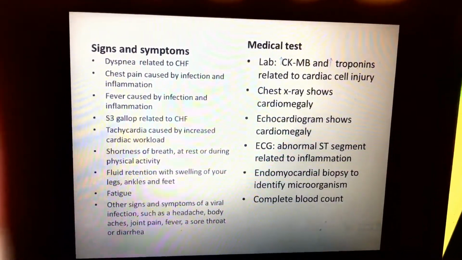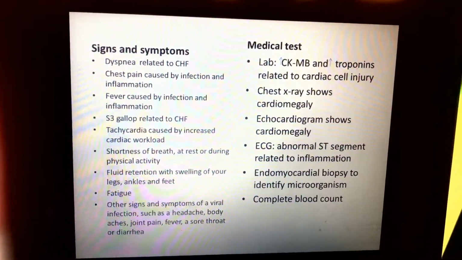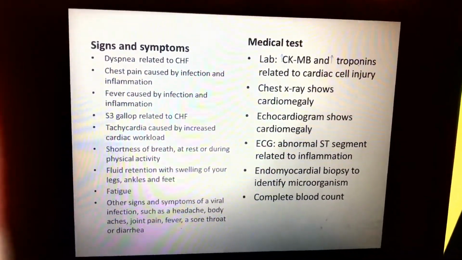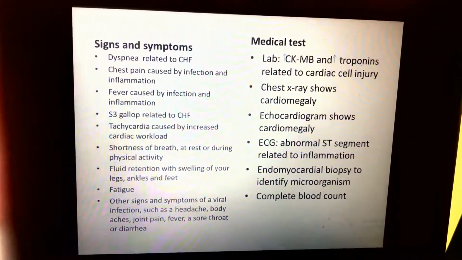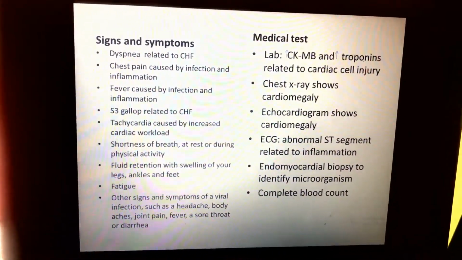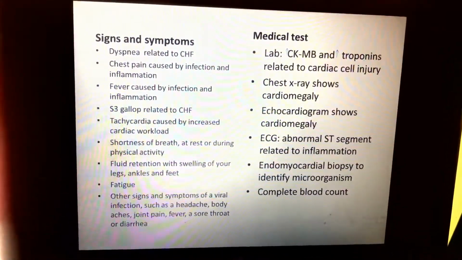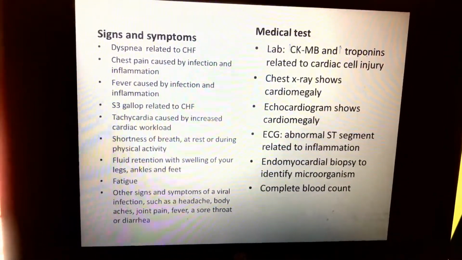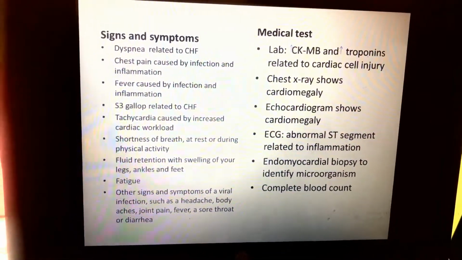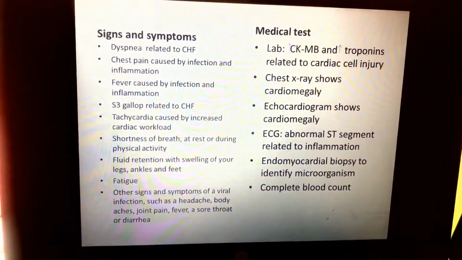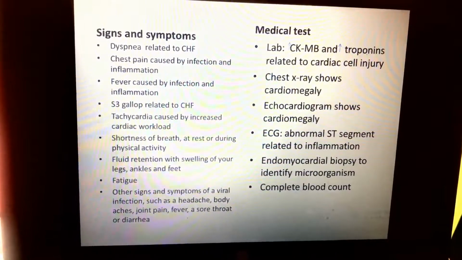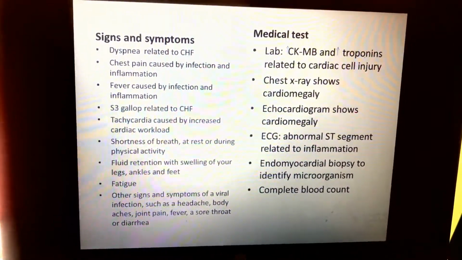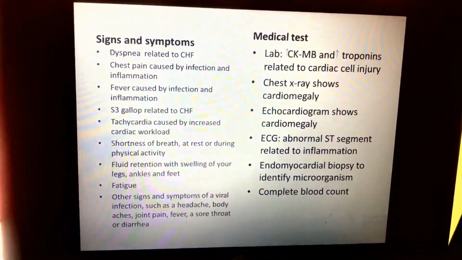We have fluid retention with swelling of your legs, ankles, and feet. Of course, when the myocardium is not working very well, it doesn't pump the blood out of the right ventricle. Now the blood will remain in the right ventricle, and it even turns back to the systemic circulation.